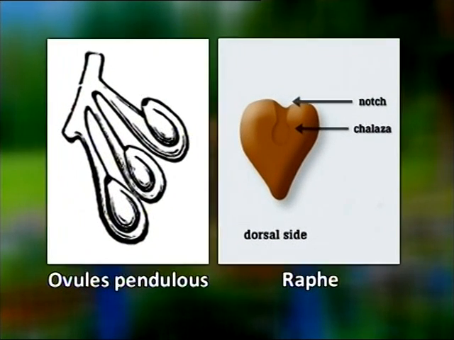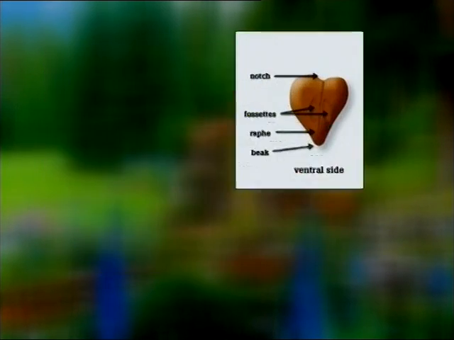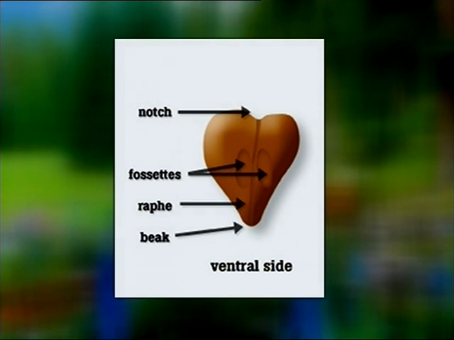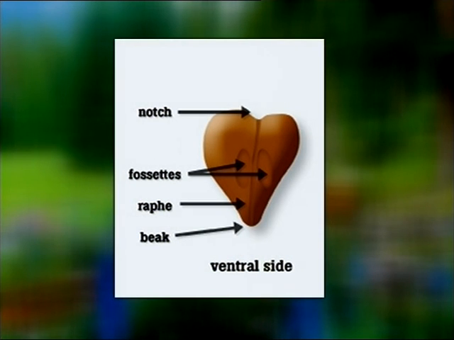Order 2nd, Olacales, androecium diplostemonous, ovule pendulous, raphe dorsal, represented by 3 families. Order 3rd, Celastrales, androecium haplostemonous, ovule erect, raphe ventral, represented by 4 families. And order 4th, Sapindales, androecium diplostemonous, ovule ascending, raphe ventral, inverted, represented by 5 families.